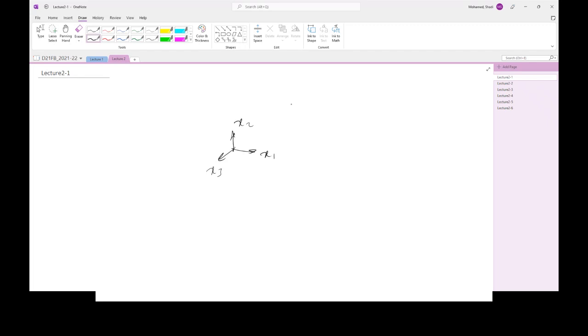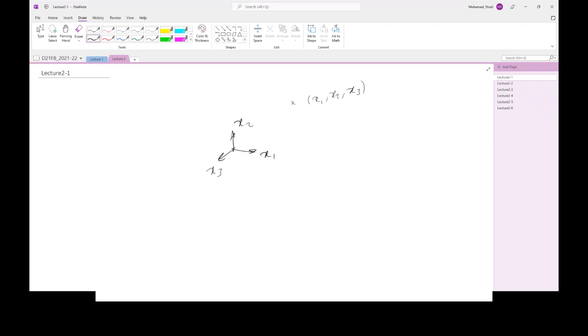Now, assume that you are interested in the temperature at one point. So let us say that this is one point, and you want to measure the temperature at this point. Now, this temperature at this point, where you have specific coordinates, so let us assume that this is the coordinate X1, X2, and X3, you have one number for the temperature. Now, this number is independent of the observer.